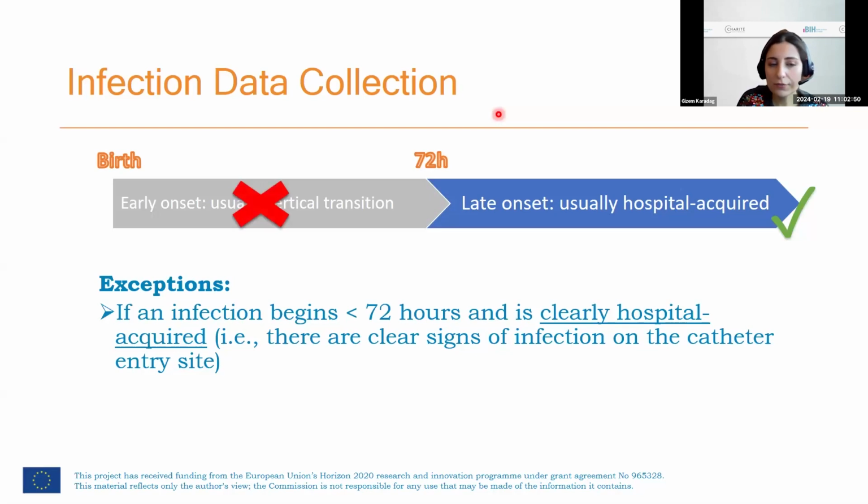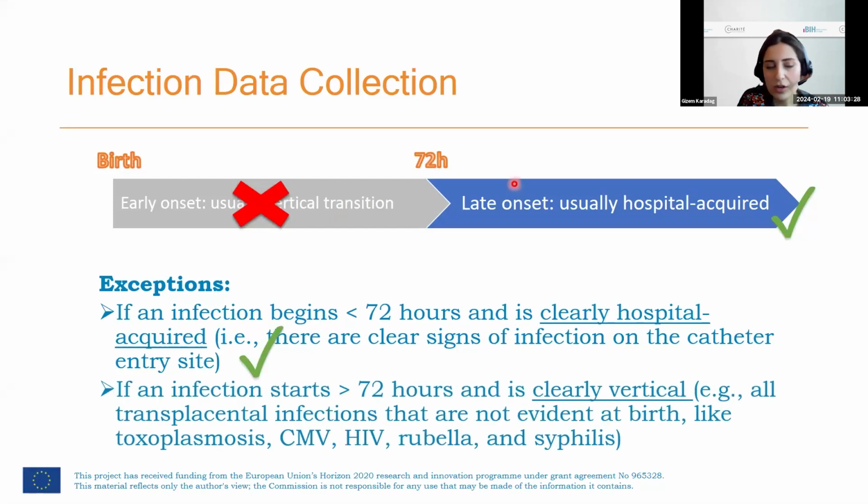If an infection begins in the first 72 hours but is clearly hospital-acquired, like in this example, where the patient had clear signs of local infection at the catheter entry site in these days and later started to have fever, it's most likely a clearly catheter-associated sepsis. You can count this sepsis as late-onset sepsis and submit it into the platform.